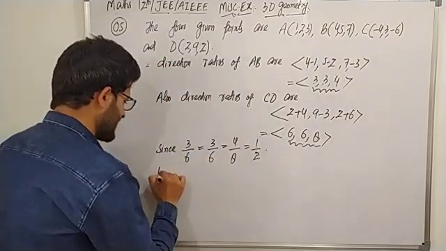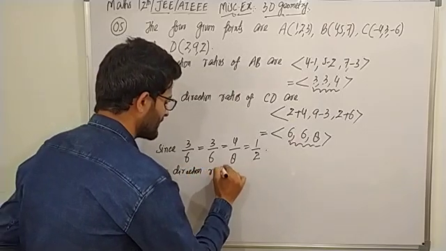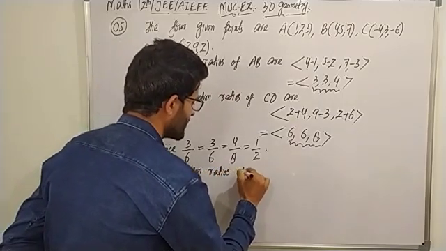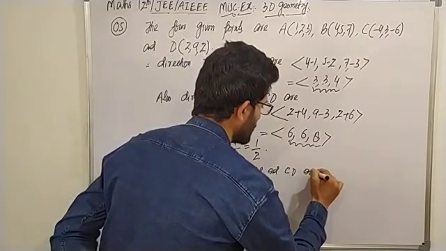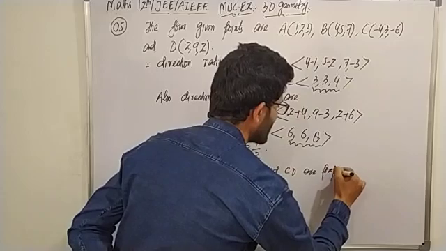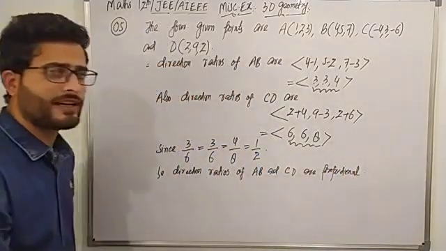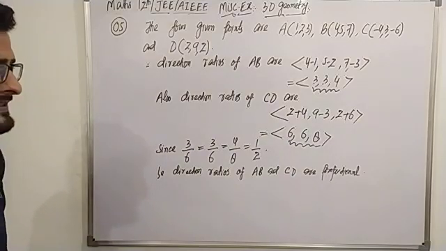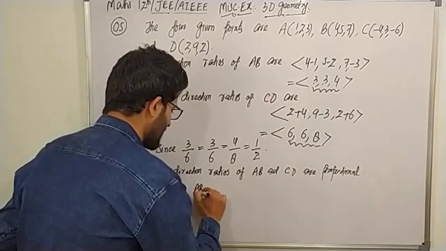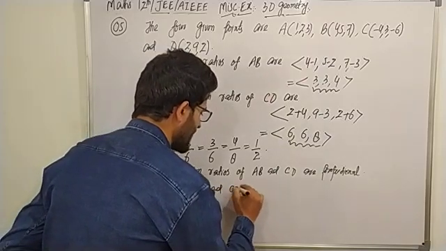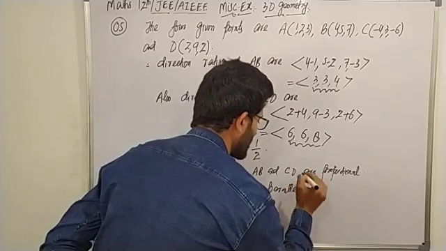तो इसका क्या मतलब, that is the direction ratios of AB and CD are proportional. जब दो लाइन्स के डायरेक्शन रेशियो प्रोपोर्शनल है तो therefore AB and CD are parallel. तो ये लाइन्स जो हैं डेफिनेटली पैरेलल होंगी.